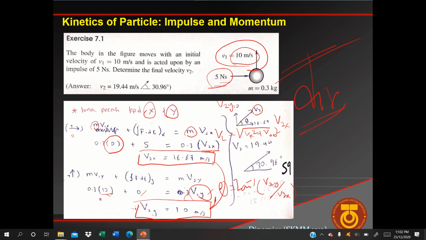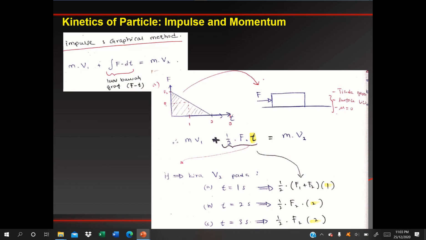In this example, the value of impulse is given, but sometimes, or in most cases in our syllabus, you will be given it in terms of a graph, which is this one. Instead of being given the value directly, you are given a graph.